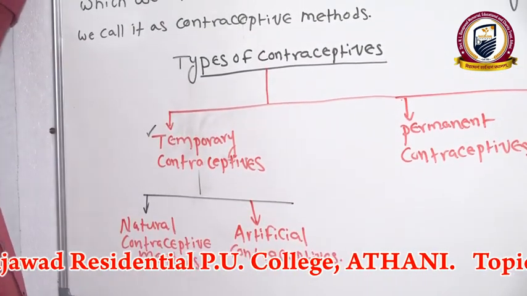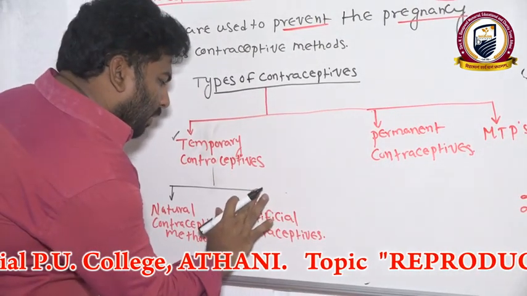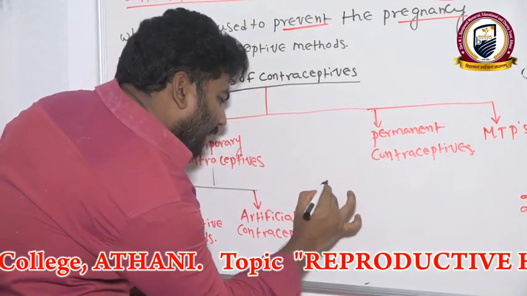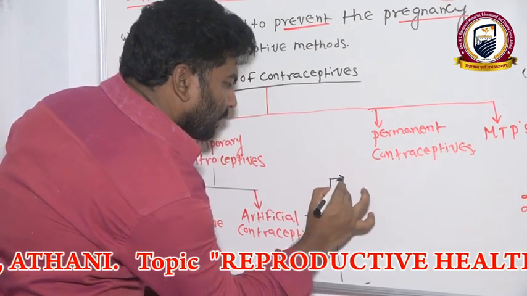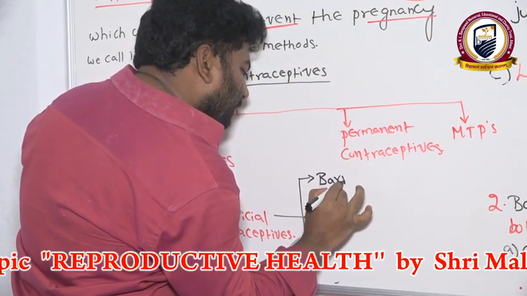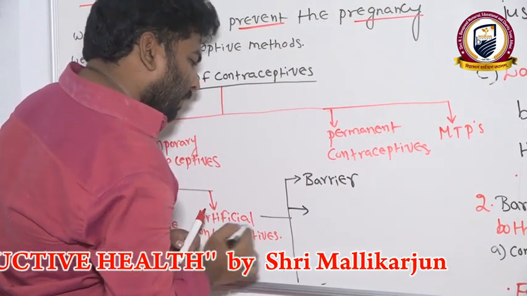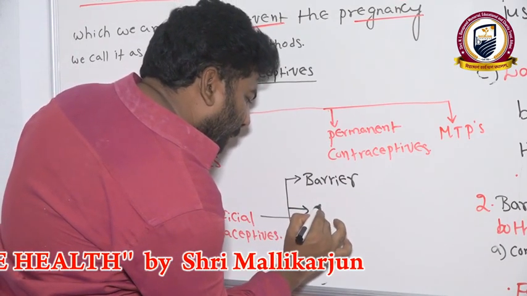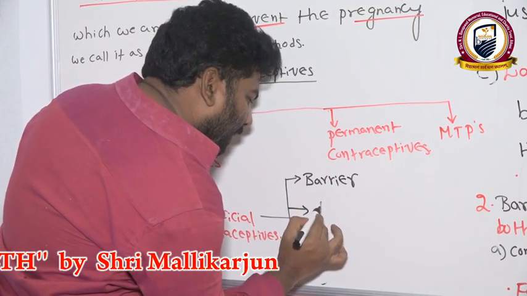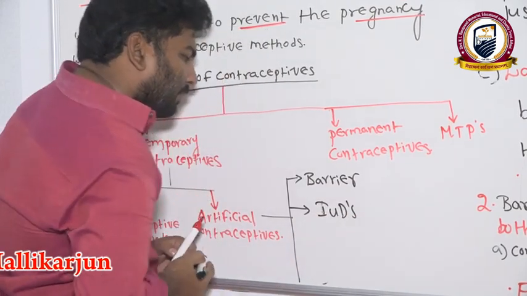Under these artificial contraceptives, we will explain many things, such as barrier methods and, second, chemical methods, as well as IUDs.